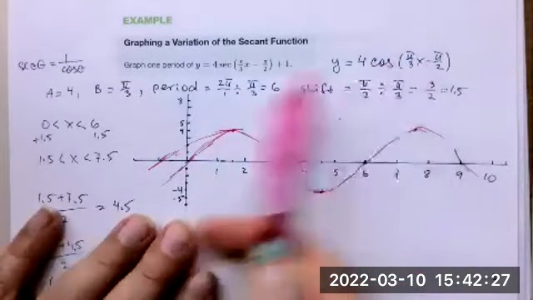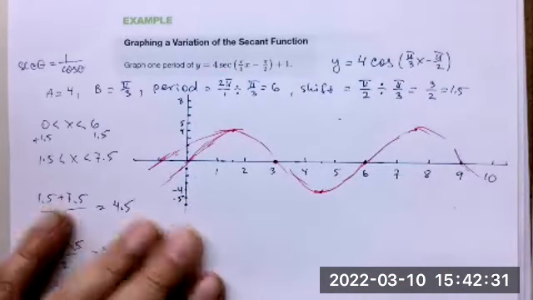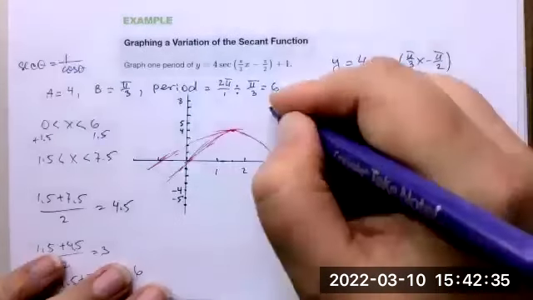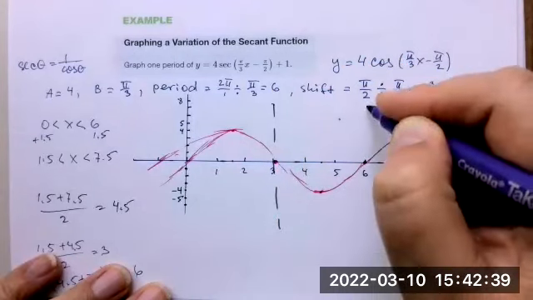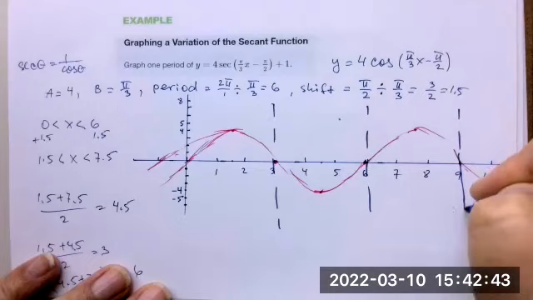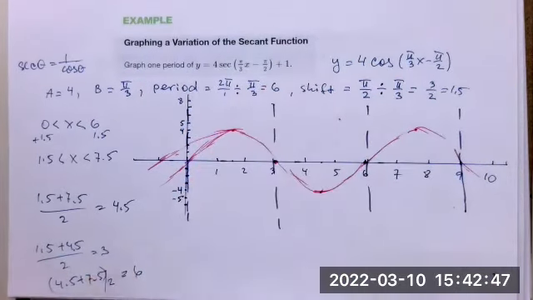Now we need a secant. So for the secant function, we're going to draw our asymptotes like so.